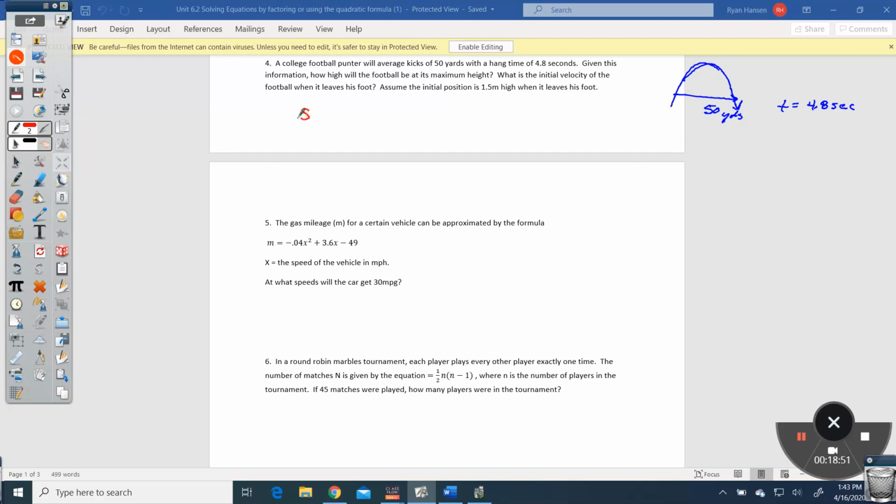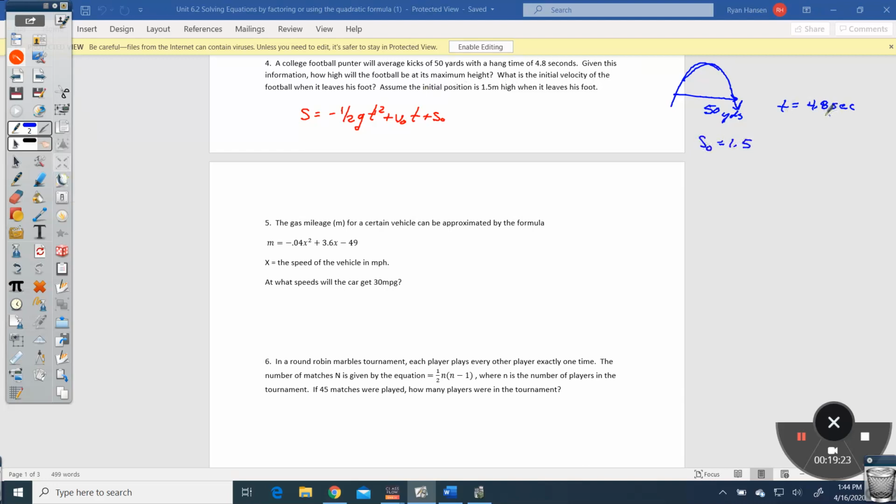Well, remember this formula from the very beginning, s equals negative 1/2 g t squared plus v naught t plus s naught. Remember, that's our position. Well, we don't know the height, and if I try to plug stuff in, the initial position s naught equals 1.5.